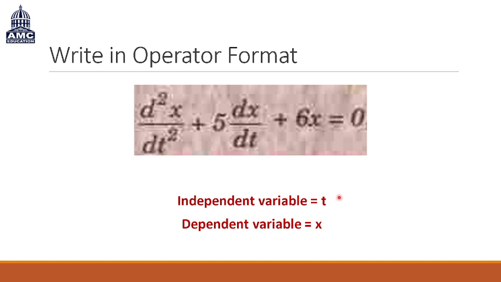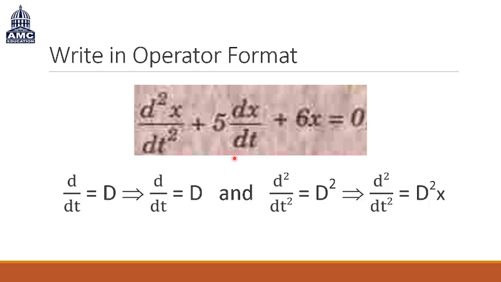Now, immediately what we can do is write dx by dt as equal to capital D small x, and d squared x by dt squared as capital D squared small x, right? And this is how we do it.